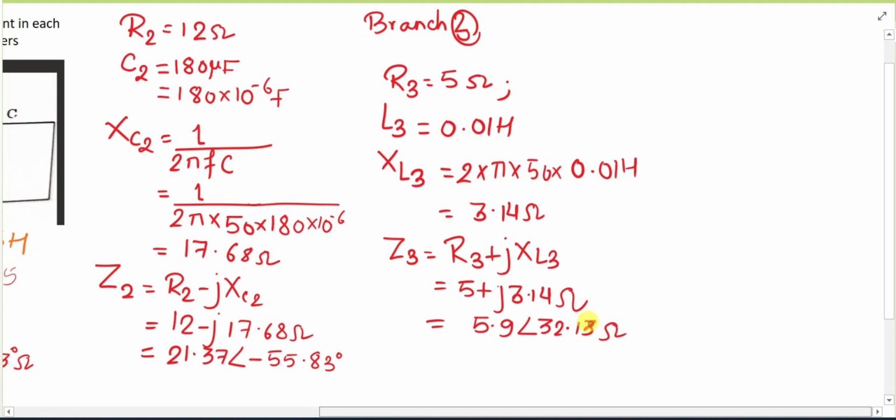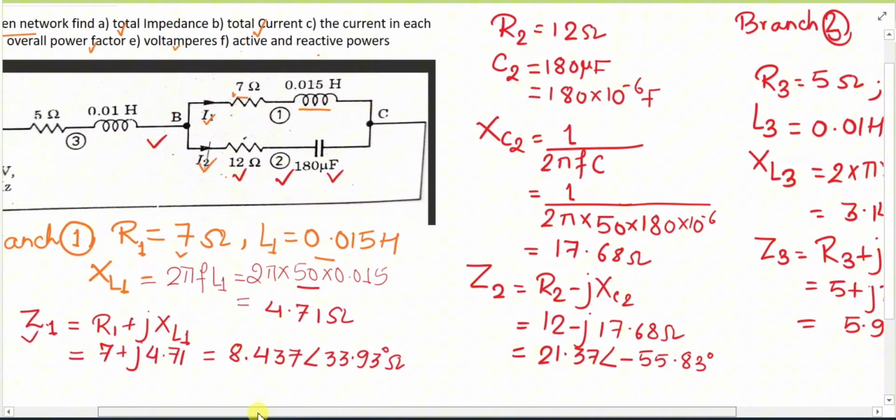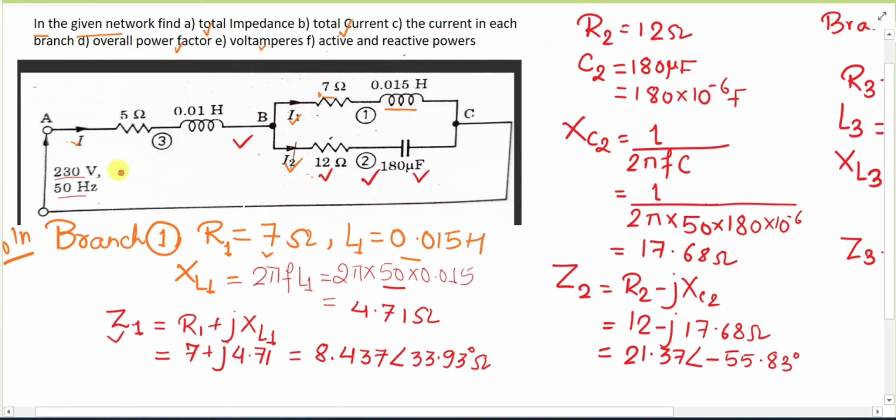You can identify all the provided data of the circuit. Again, let's check whether we have the rest of the information. Yes, we have the total voltage, which is 230 V provided to the circuit, at 50 hertz.